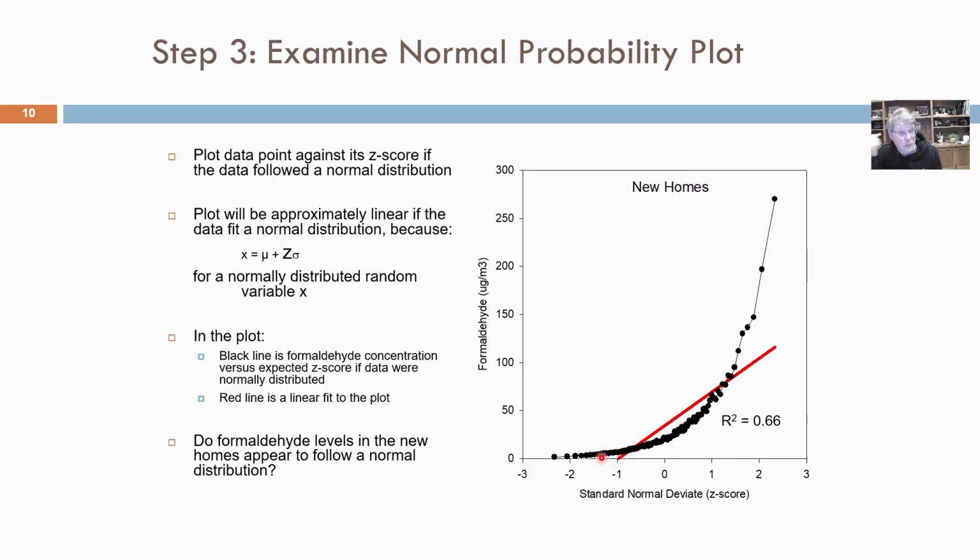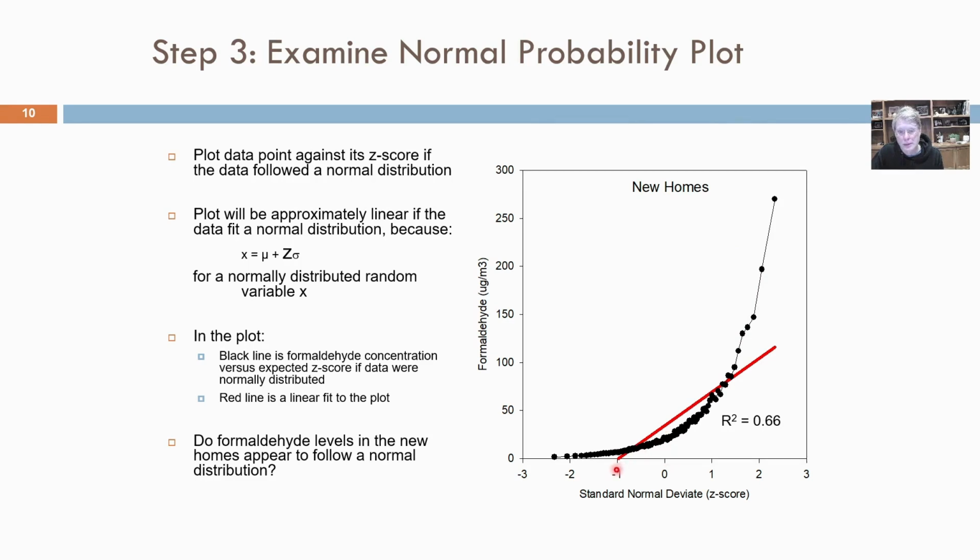If the data are approximately normally distributed, the plot of the standard normal deviate expected if the data followed a normal distribution versus each value would be approximately linear. Well, looking at the black circles and line connecting them here, clearly that's a curve. It's not approximately linear.